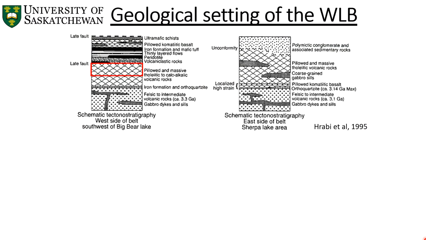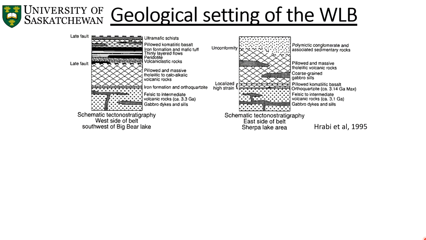On the east side, mafic rocks are tholeiitic and have a MORB-like trace element pattern, suggesting neither eruption in an arc setting nor crustal contamination by the underlying felsic rocks.